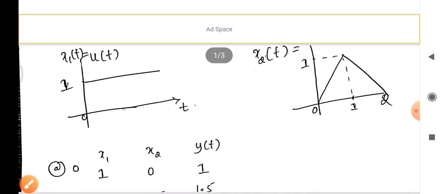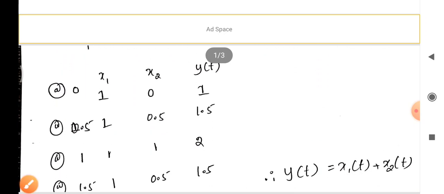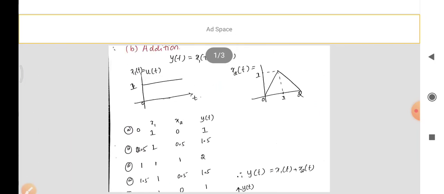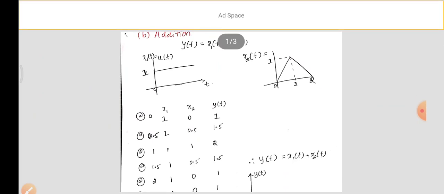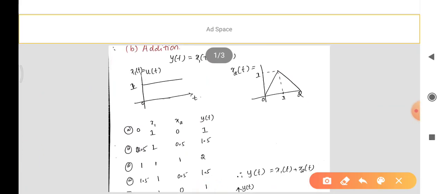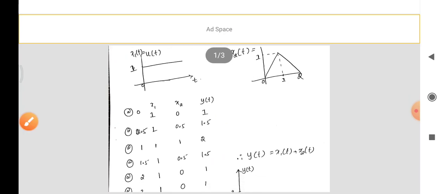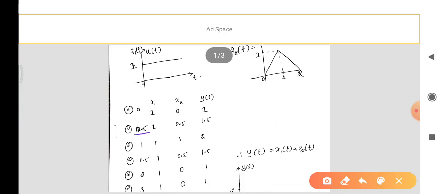And next we will take 0.5. We can observe here, it is continuous, right? So at 0.5, the first signal magnitude is 1.